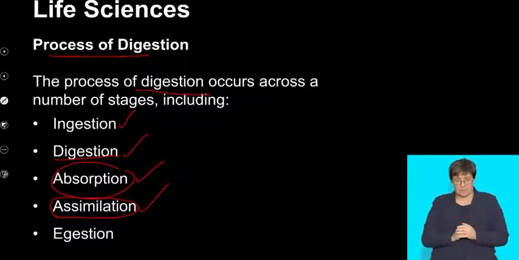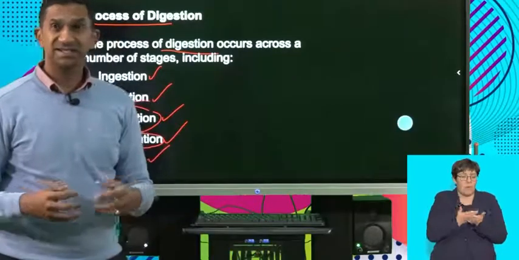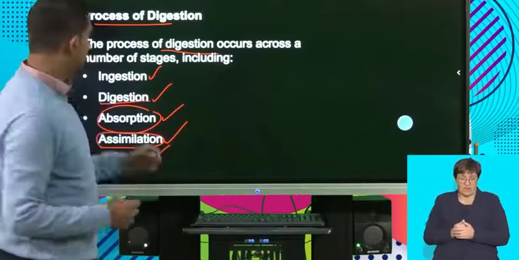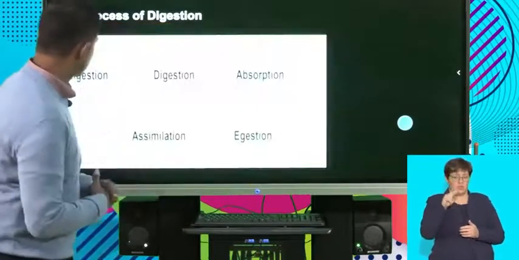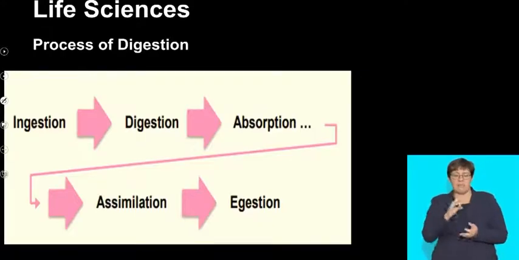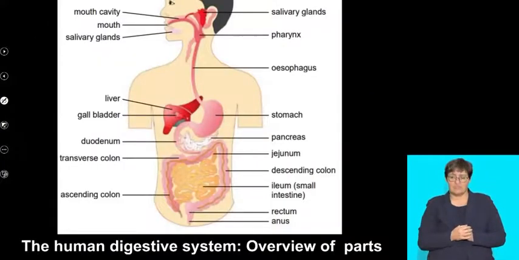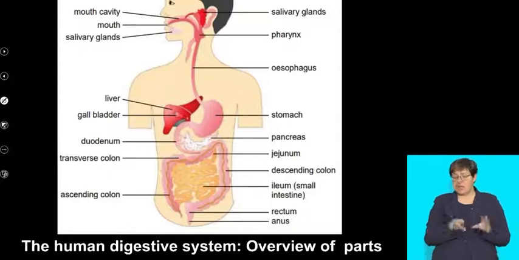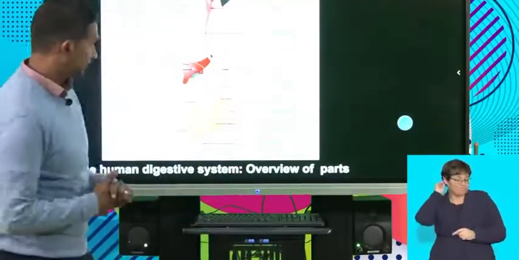And finally, we talk about egestion, which is the release of the parts that have not been used or parts that are not needed by the body. And so we refer to that as egestion. So to sum that up, here's a simple flow diagram that shows you the process of digestion and what happens in the body.